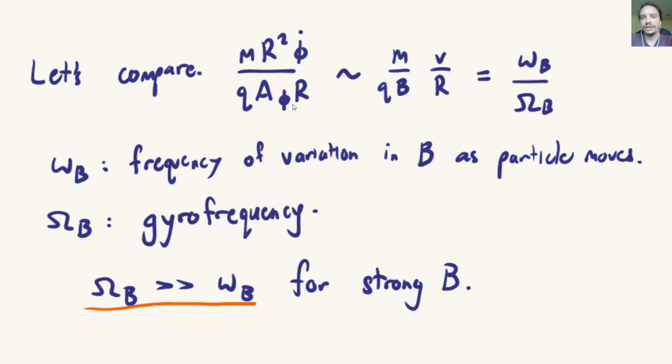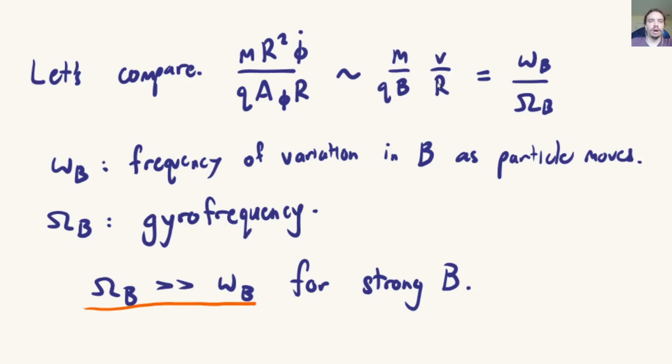Now, rφ̇ is about the velocity of the particle. A_φ was an integral of B, so that means that it's about the size B times r. Okay. So substituting those in, we can split these up, and we end up getting two different terms. One is v over r, and one is m over qB.